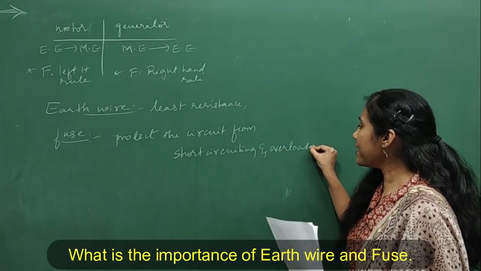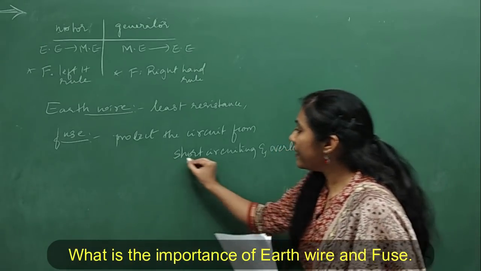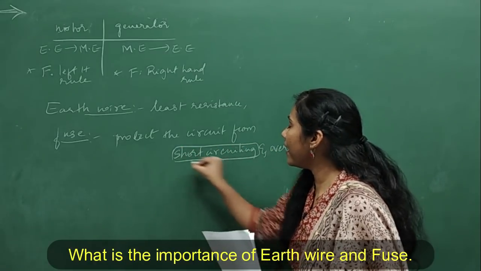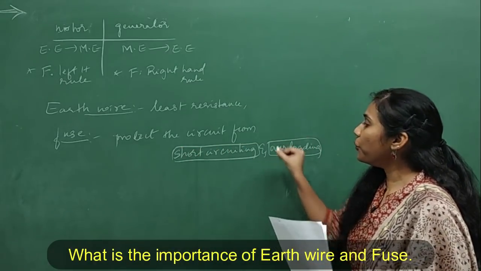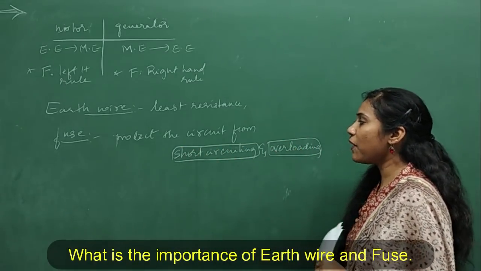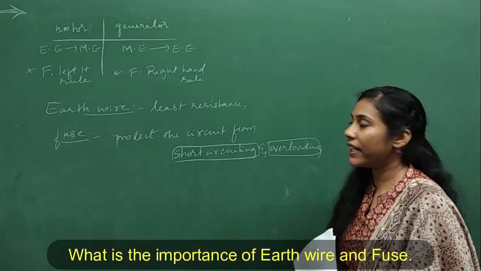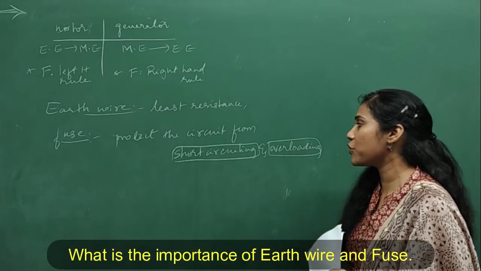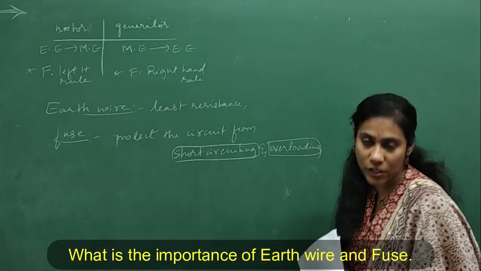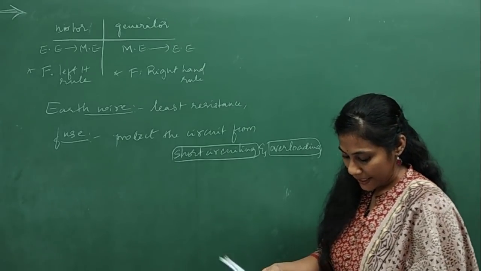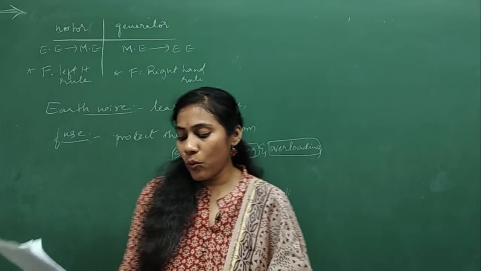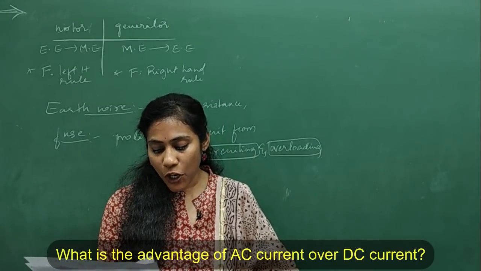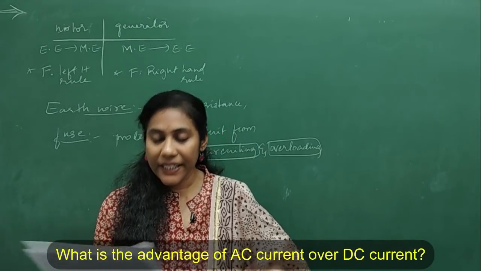Okay, so that is the importance of fuse. And here one more thing I would like to tell you. You better learn the definitions of short circuiting and overloading, and you must know the difference between short circuiting and overloading also. Clear? Okay.